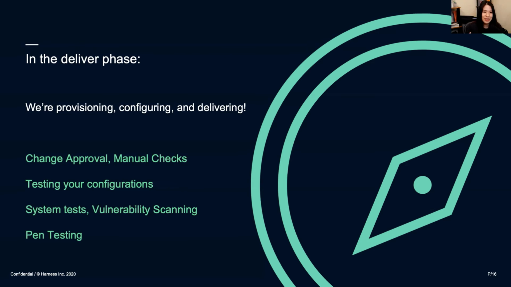And then this third phase is about delivering, right? So now we have this artifact, and now we just need to deal with our infrastructure, right? We need to provision it, configure it, and then set up this kind of environment where we can deliver our applications onto it.